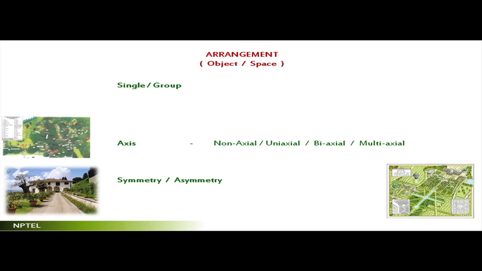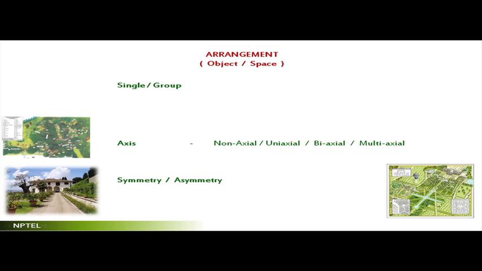Other principles associated with arrangement is axis, how it is aligned. If I show you with respect to this particular picture, in the axis we have options like non-axial, uniaxial, biaxial, multi-axial. Let me clarify.